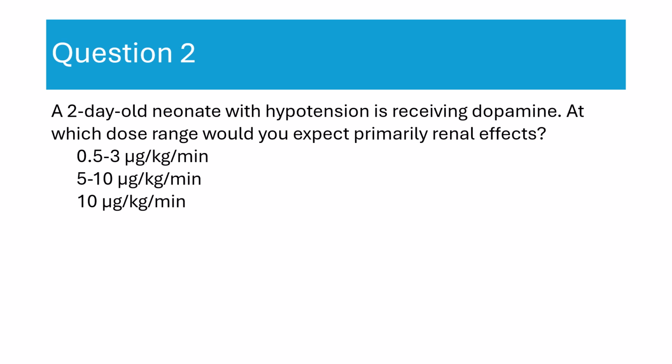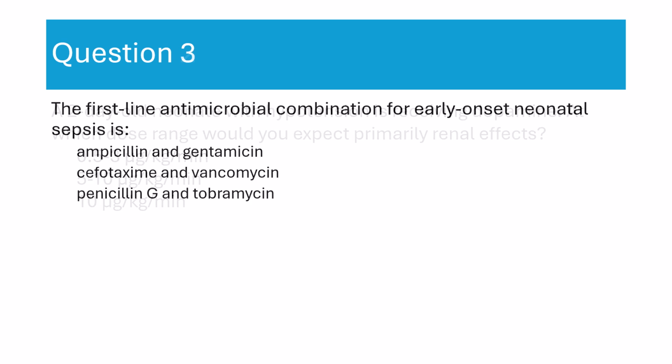At 0.5 to 3, dopamine primarily affects dopaminergic receptors, increasing renal blood flow and urine output. 5 to 10 is incorrect, because this medium dose range primarily produces cardiac effects through beta-1 stimulation. Greater than 10 is incorrect, because this high dose range primarily causes vasoconstriction through alpha-adrenergic effects.